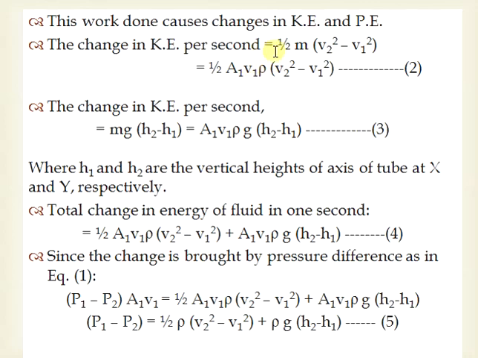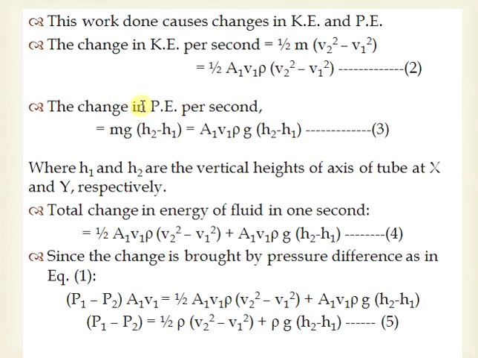Since it is the mass, delta x by t becomes v1, so the change in kinetic energy per second can be written as half A1 V1 rho, where v1 is the velocity at the end x, into v2 square minus v1 square.